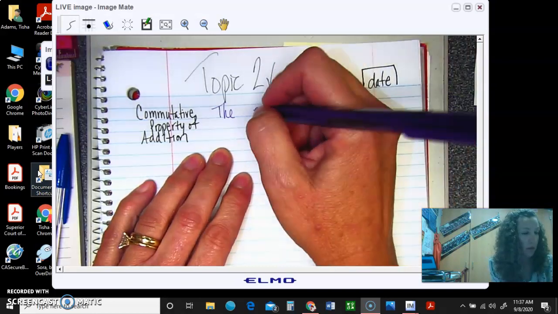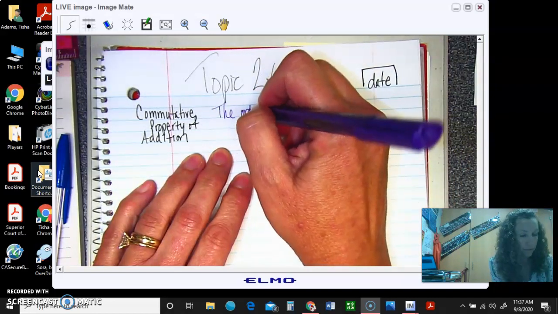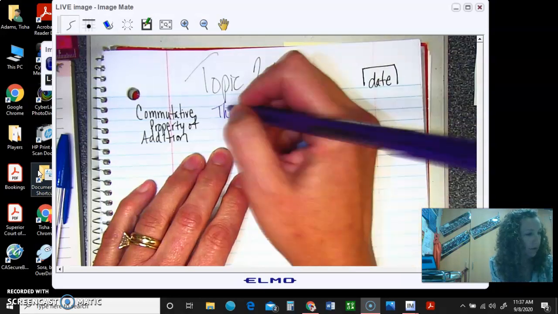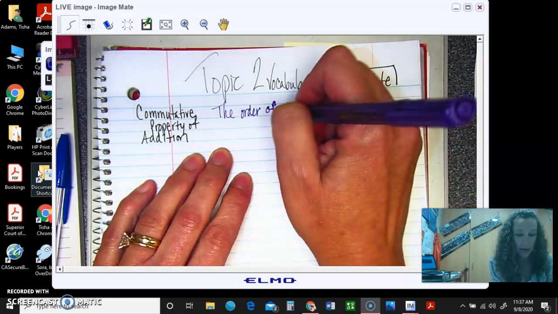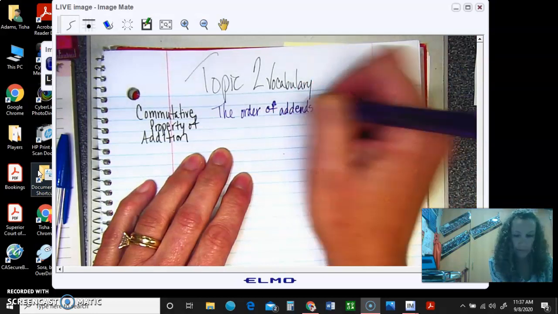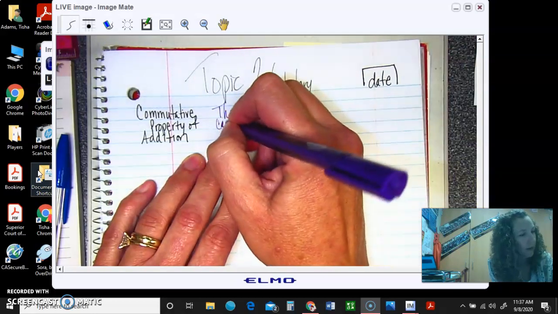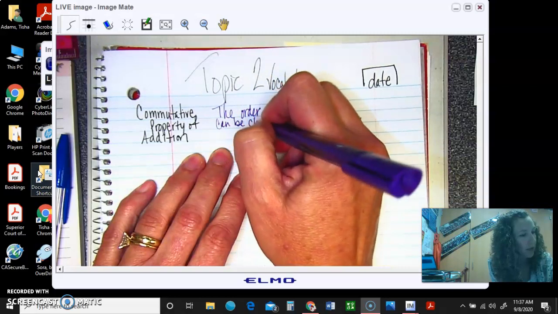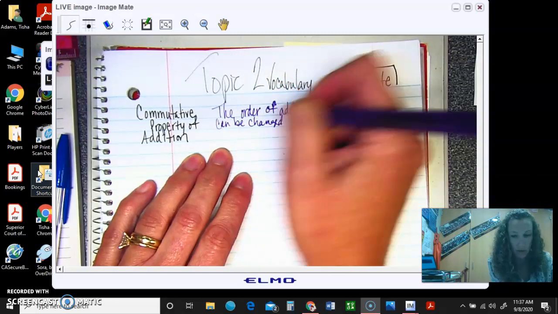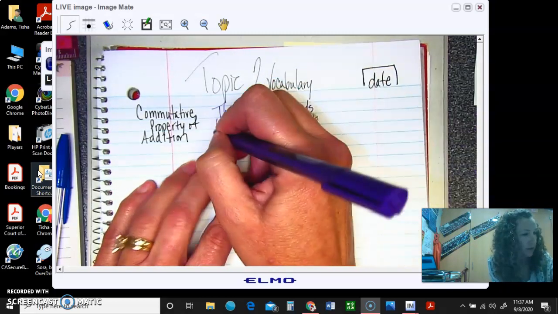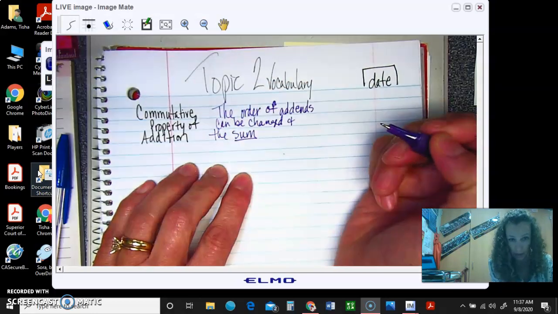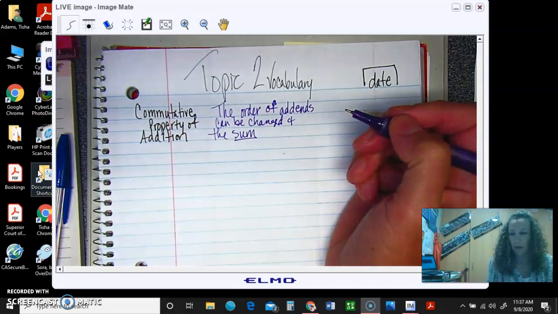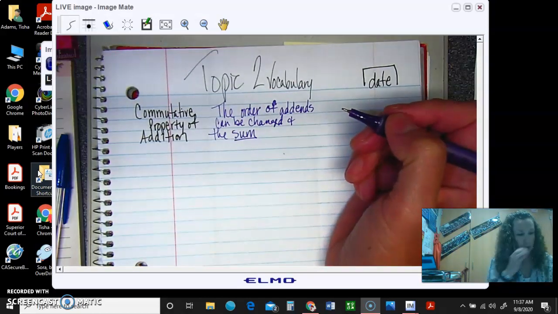So the order of, that's an F, sorry, addends can be changed and the sum, notice the spelling, the sum remains the same.